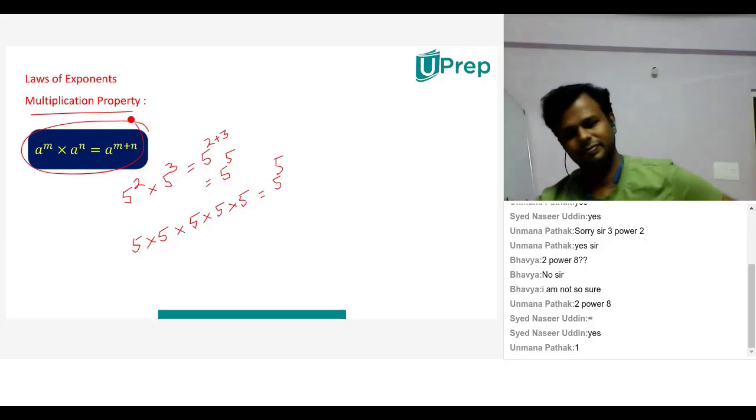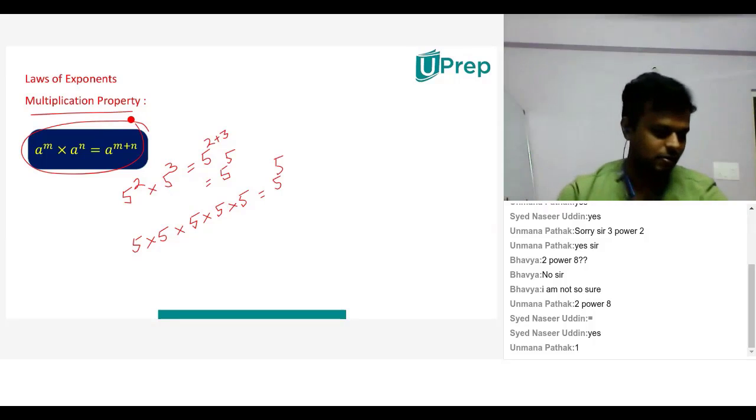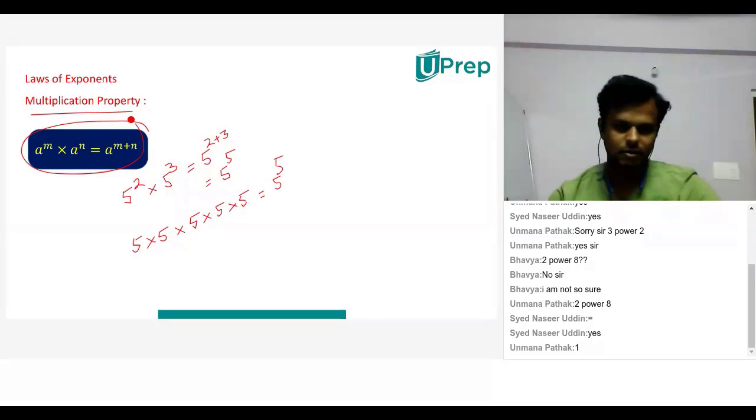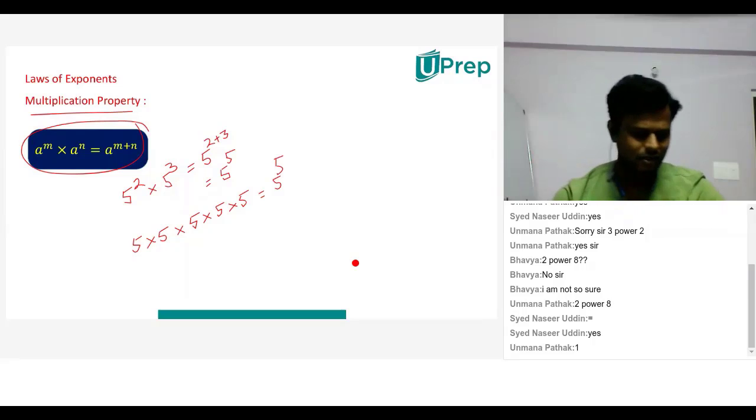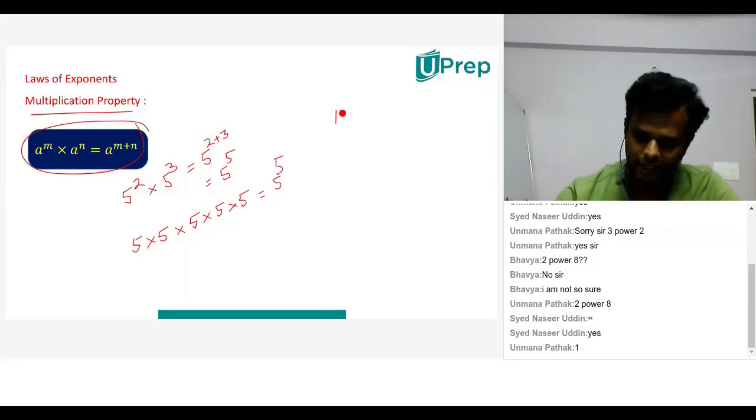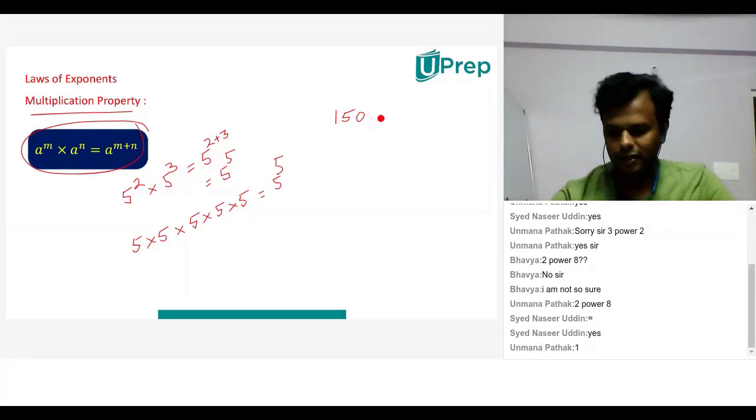So I have a doubt. How do I put 150 in an exponent form? For example, 150. I always get confused how to do it. Okay, see, 150 can be written as 25 into 6.